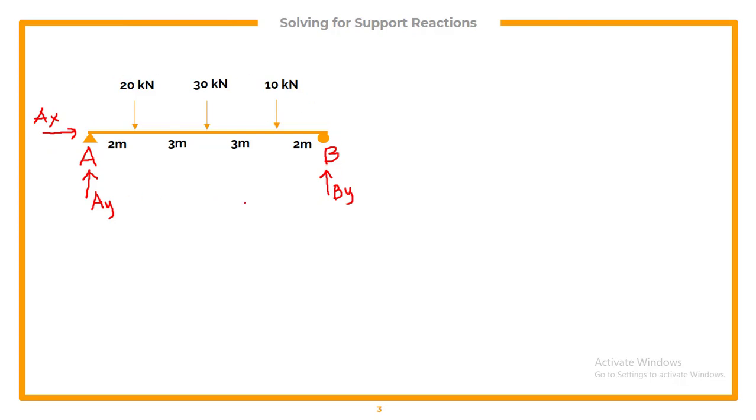But since, as you can see guys, in our illustration there are no other horizontal forces, AX is automatically equal to 0. It should be 0 because there are no other horizontal forces involved here. So AX is 0.